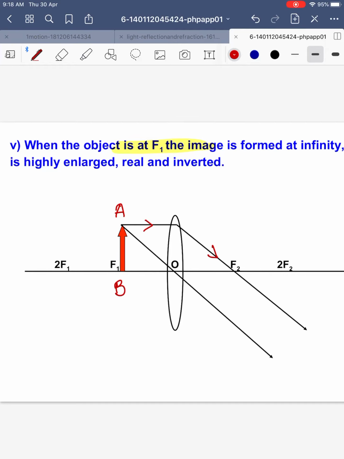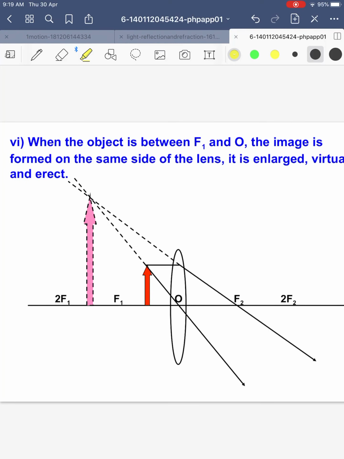First ray parallel to principal axis will pass through focus. Second through optical center passes undeviated. So we say image will be formed at infinity because the rays are not intersecting here. What is the nature of image? Formed at infinity, it is highly enlarged because a very big image will be formed here, and it will be real and inverted.